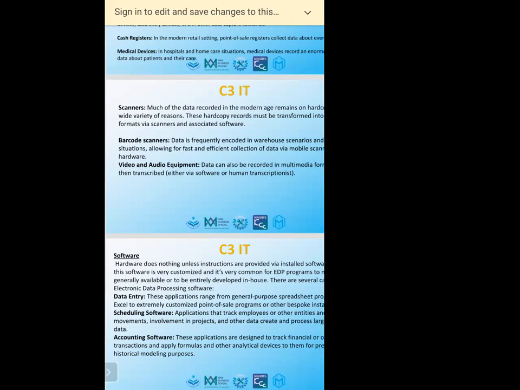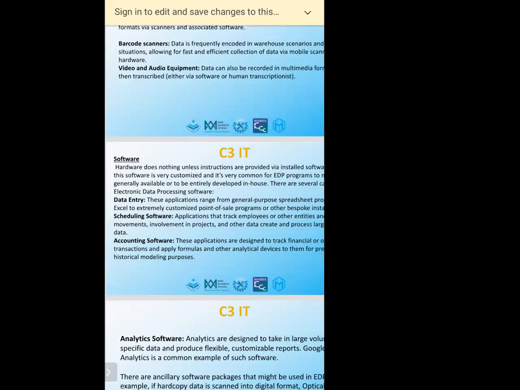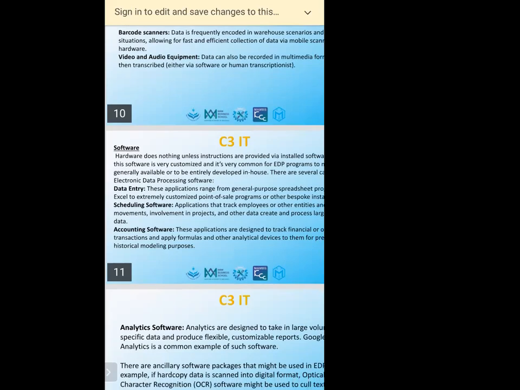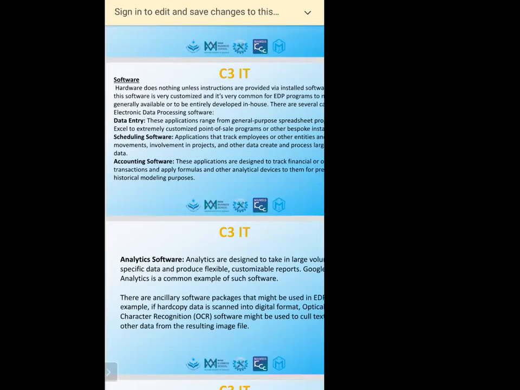In your EDP system, these are the hardware used. Then what software is used? There are data entry software, scheduling software, accounting software, and analysis software, so you can analyze the data using that.